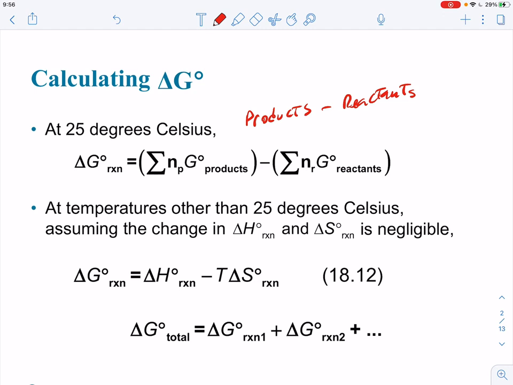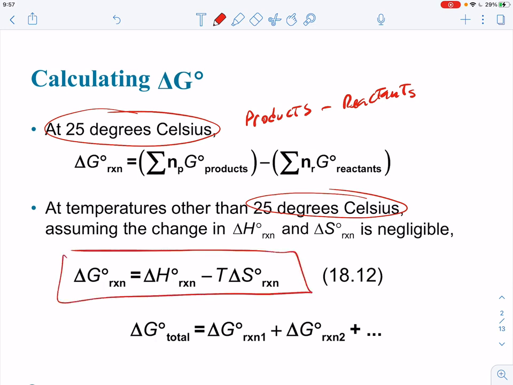The restriction that this has is, of course, you're using free energies of formation, and usually they are tabulated for 25 degrees Celsius. Now, if you have reactions that are not at that temperature, then you can still calculate the free energy for the particular reaction because you can use this equation.